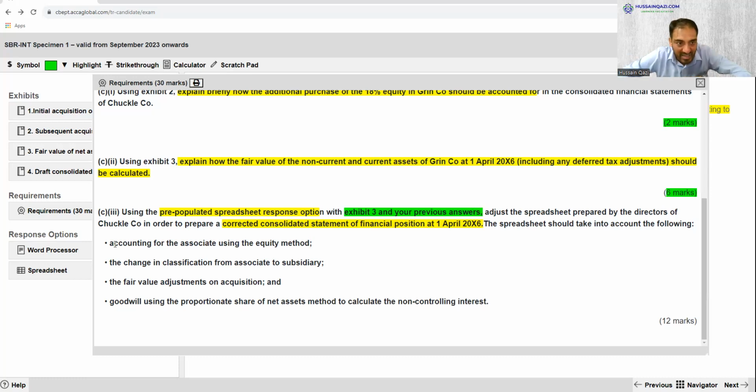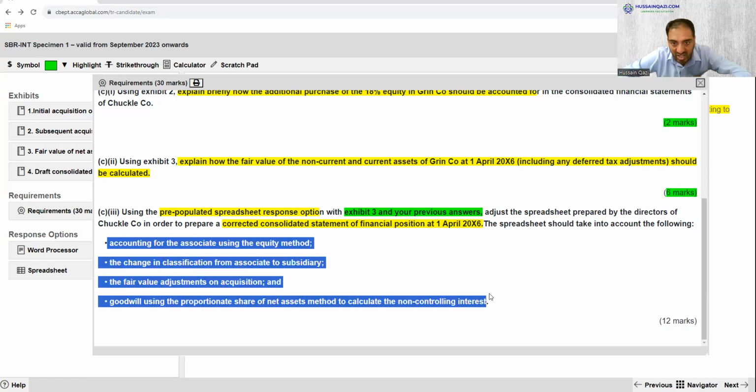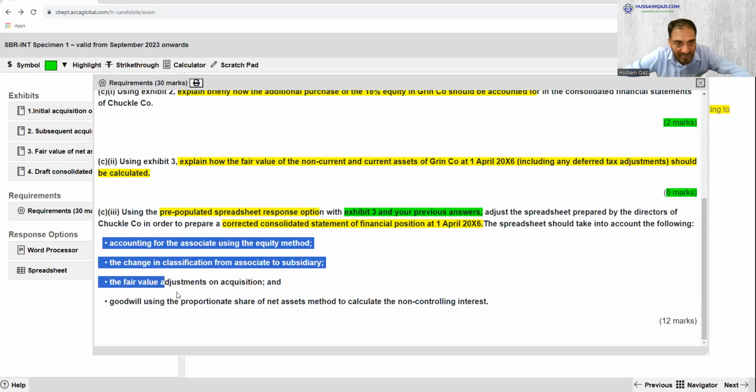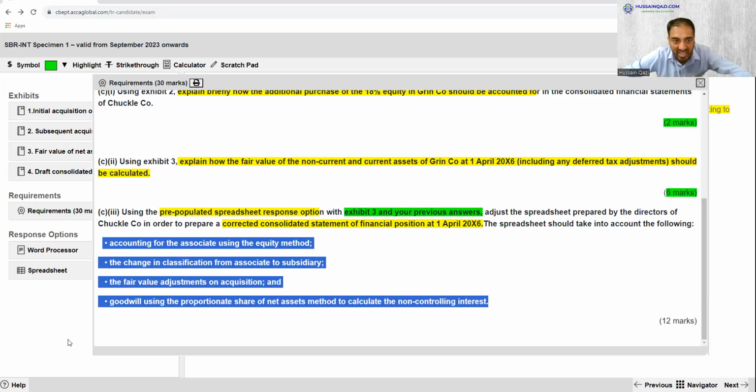And here the examiner mentioned the scope of correction. This is what the scope of correction means. The corrections you need to make: accounting for associate using the equity method, change in classification from associate to subsidiary, fair value adjustment, and goodwill using the proportionate method, and calculate the NCI.